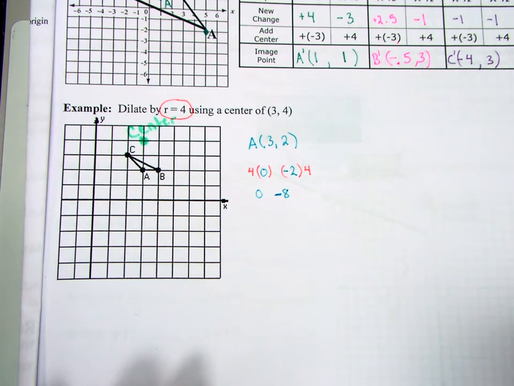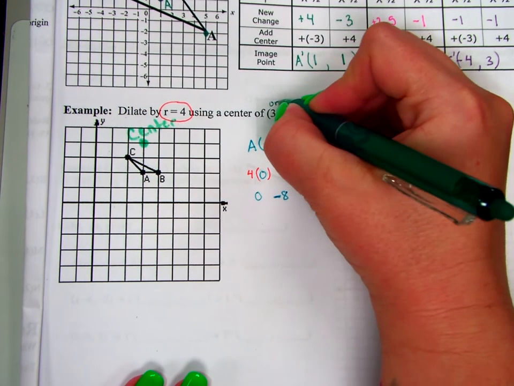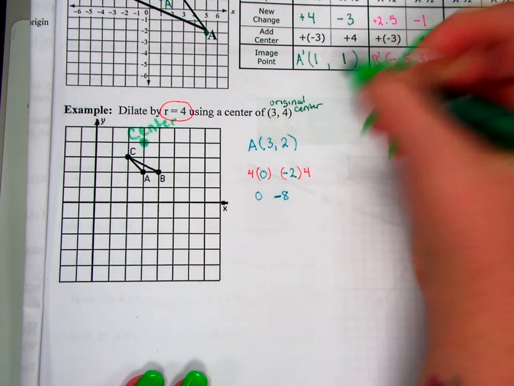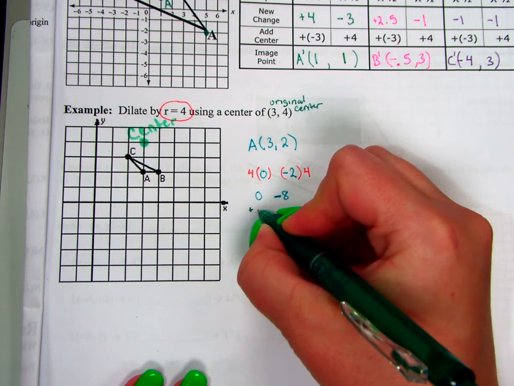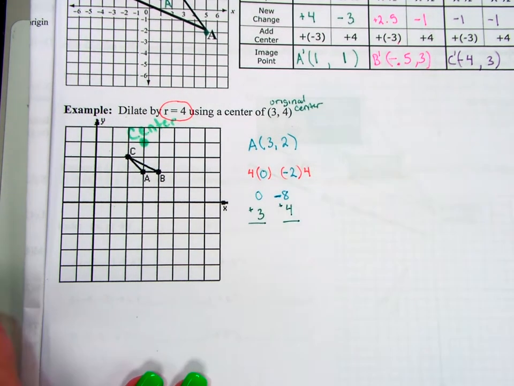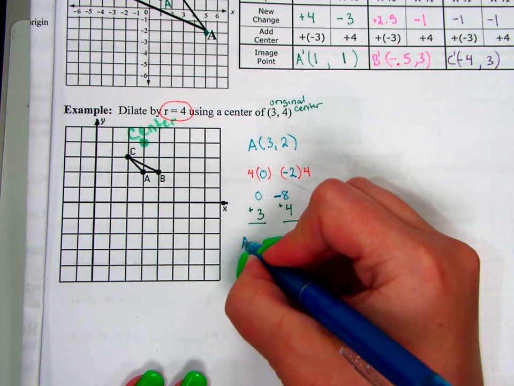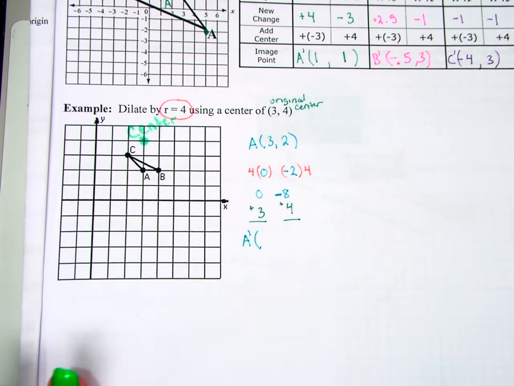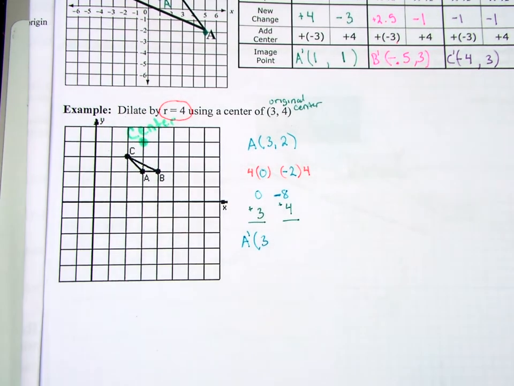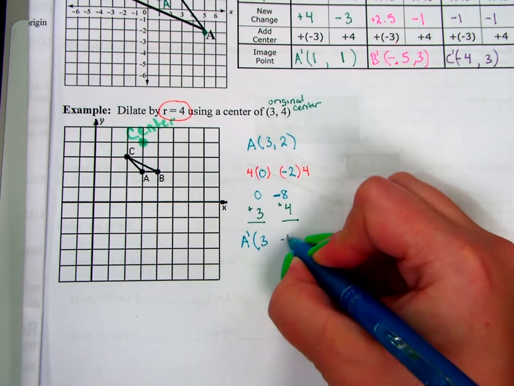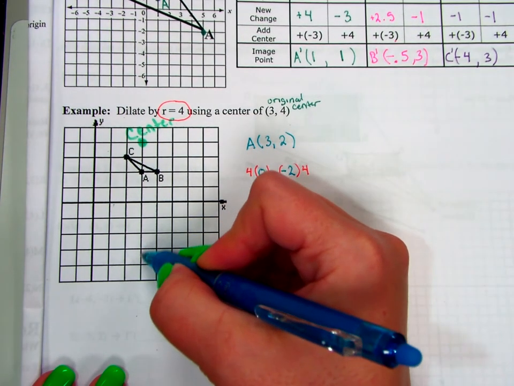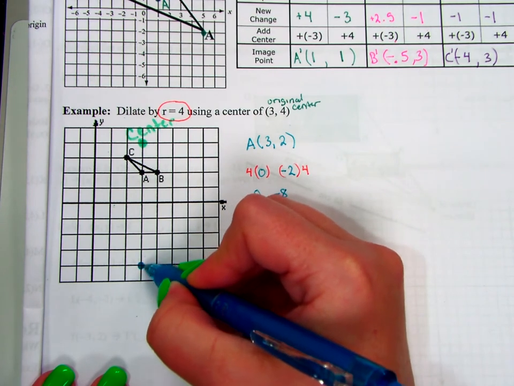I'm going to take that and add it to the original center, so I'm going to add the 3, and I'm going to add the 4. That is going to give me A prime. 0 plus 3 is 3. Negative 8 plus 4 is negative 4. So A prime is going to be at 3, negative 4.